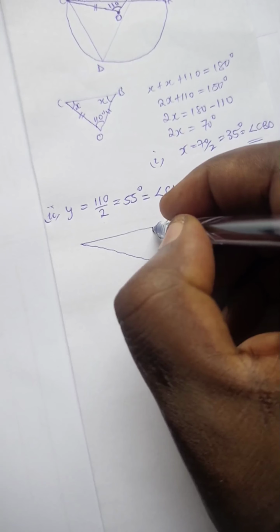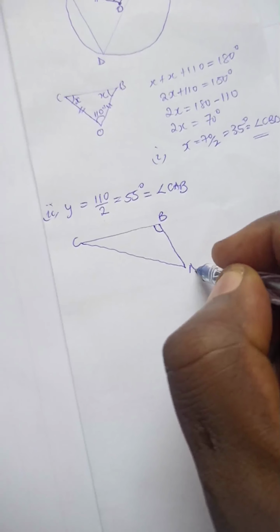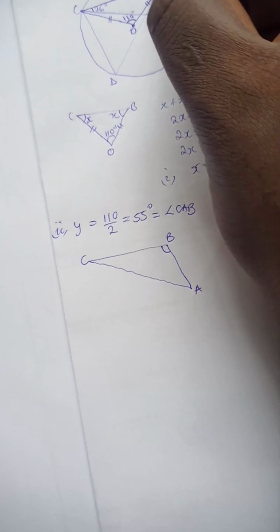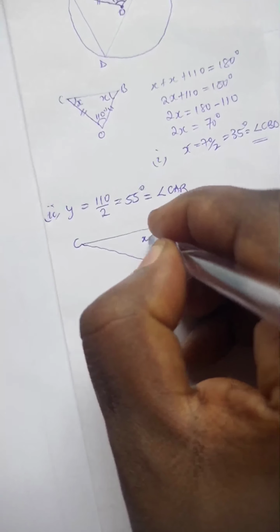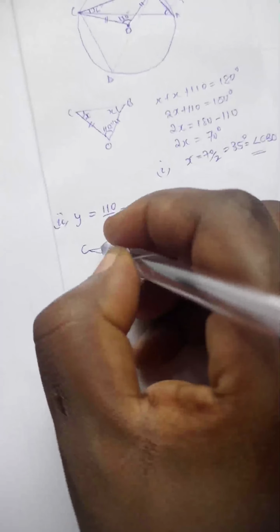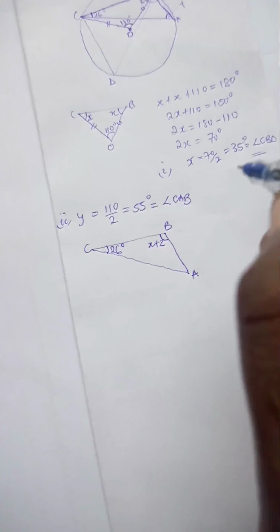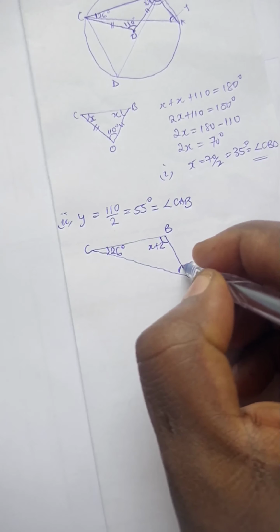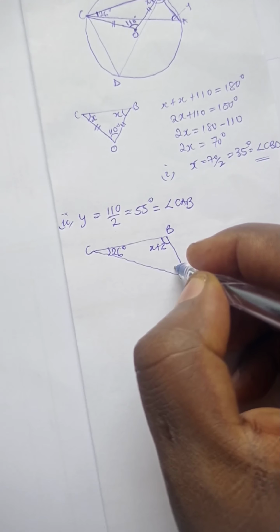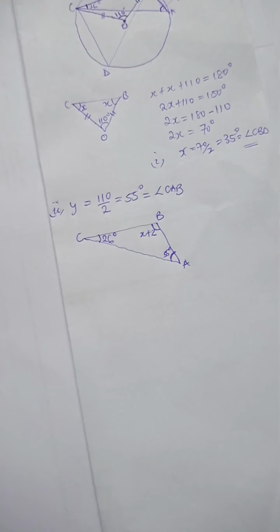So this angle here is B, this one is C, this one is A, and this entire angle is x plus z. So this is x plus z, and this angle here is 26 degrees. Then this angle here is y, which gave us 55 degrees.